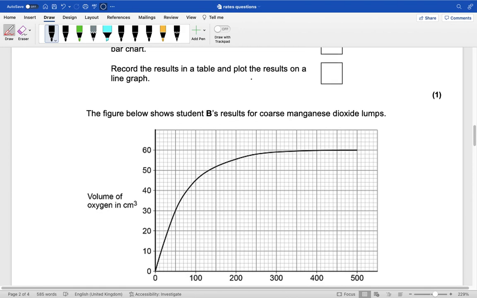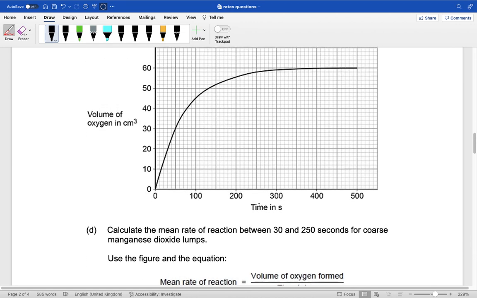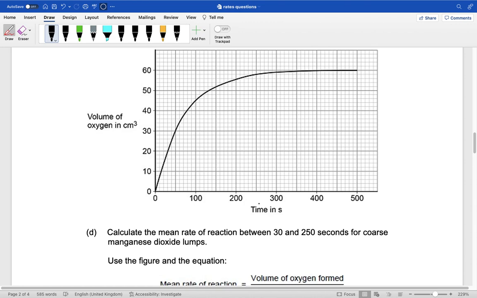Okay, the next part of the question says, the figure below shows student B's results for coarse manganese dioxide lumps. So we've got the volume of oxygen in centimetres cubed on the y-axis, and we've got time in seconds on the x-axis. Now it says calculate the mean rate of reaction between 30 seconds, so I'm going to just underline that, and 250 seconds for coarse manganese dioxide lumps.